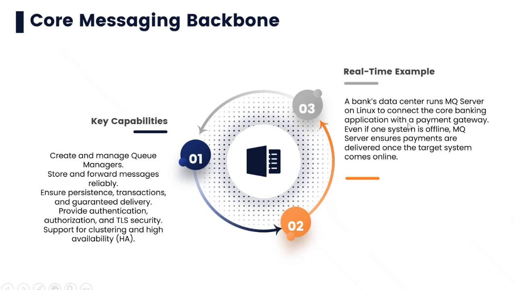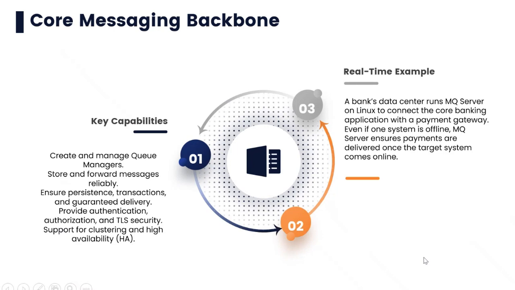In what kinds of situations or scenarios can we have this IBM MQ Server package installed? Let us say a bank's data center runs MQ server on Linux to connect the core banking application with a payment gateway. Even if one system is offline, MQ server ensures the payments are delivered once the target system comes online.